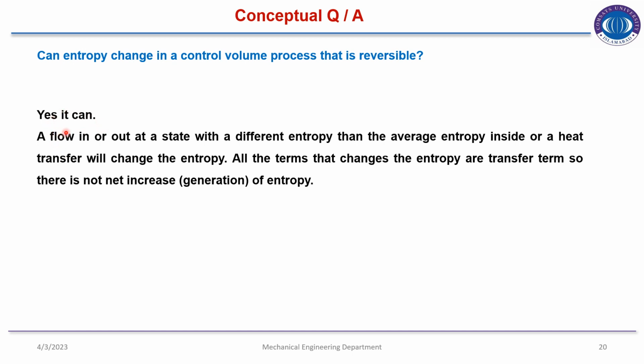The entropy in the control volume can change because, for different states, heat will be transferred, which will change the entropy, but the overall entropy will remain constant, and there will be no entropy generation term due to the reversible process.